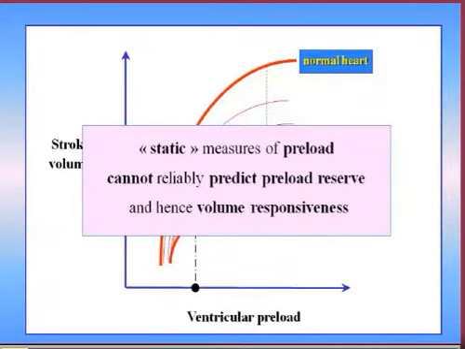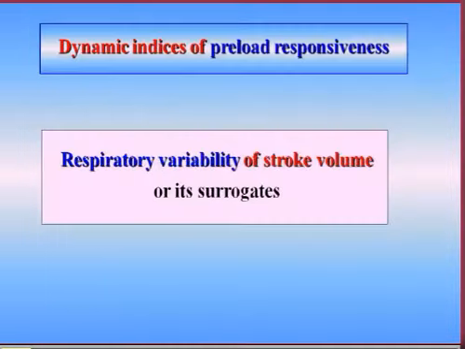This is the reason why static measures of preload cannot reliably predict preload reserve and hence cannot reliably predict volume responsiveness. So this is the reason why dynamic indices of preload responsiveness have been proposed. And the first concept is the respiratory variability of stroke volume or its surrogates.